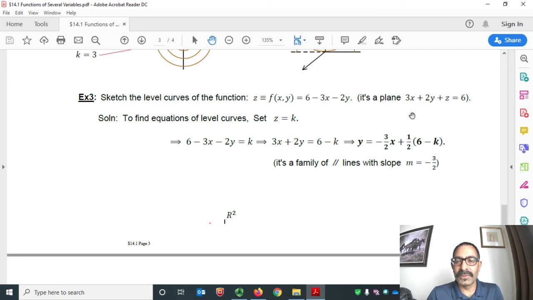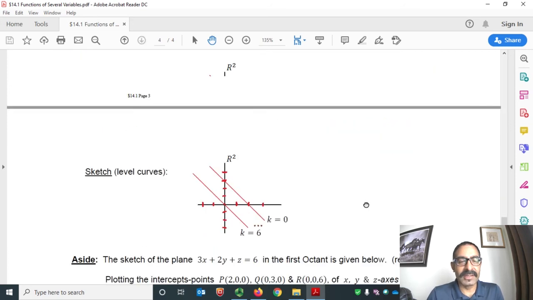So we put 6 minus 3x minus 2y equals k. Simplify. It gives us y equals negative 3/2 x plus 1/2 (6 minus k). So it's a family of parallel lines with slope m equals minus 3/2.